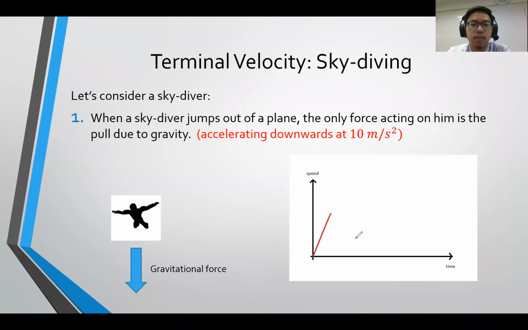This is a speed time graph. Because you only have gravitational force acting on you, you will accelerate. As you know, if things are free falling, they have an acceleration of 10 meters per second square. So in the beginning, your acceleration will be 10 meters per second square, a constant acceleration, and your speed will increase dramatically.